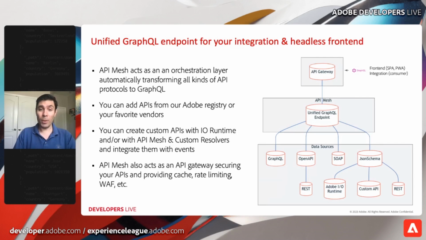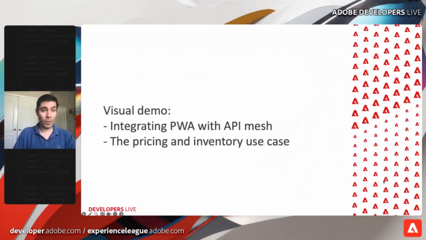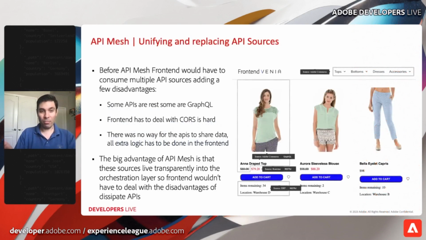Right. So going further, I'm going to do a little bit of visual demo, but I wanted to just show you a little bit what I am going to exemplify here, because it's a bit complicated. You have a PWA or front end that wants to render through API, just through API, different parts of your store, right?